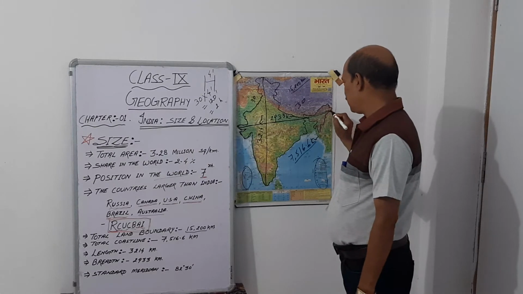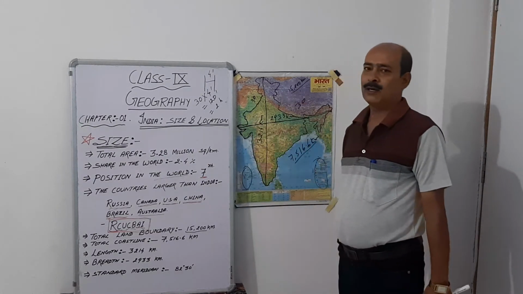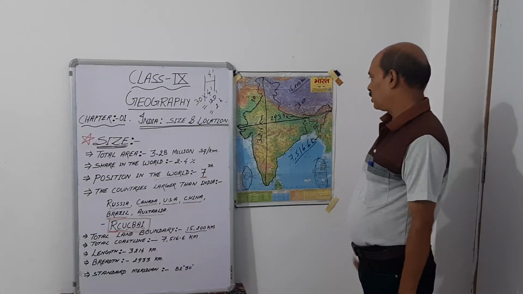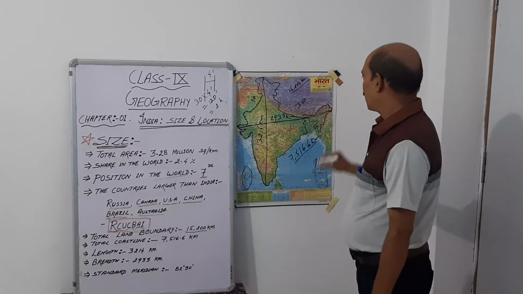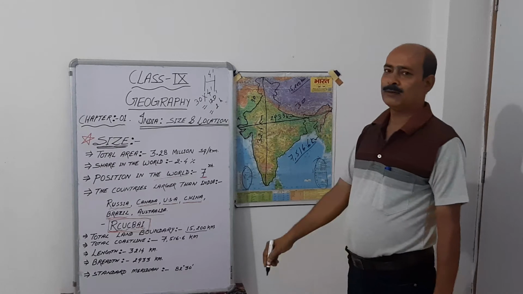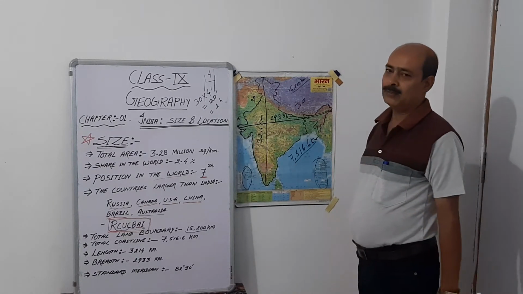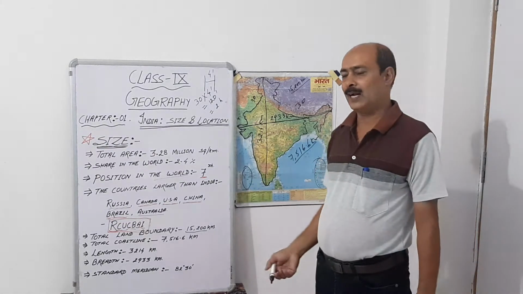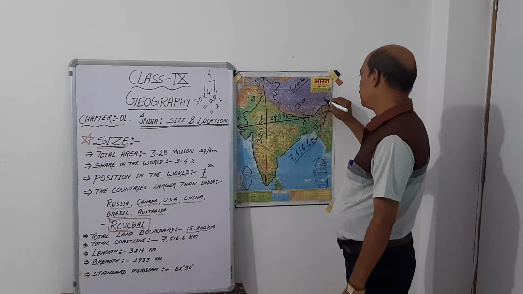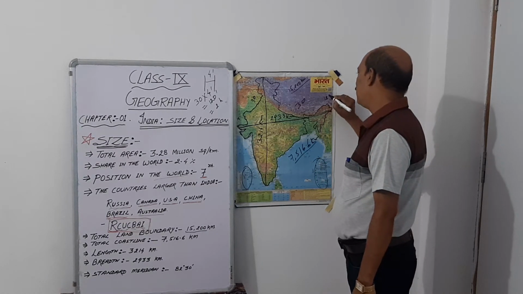So Arunachal Pradesh time is 2 hours ahead of Gujarat. Suppose in Gujarat the time is 10 a.m., then in Arunachal Pradesh, 2 hours ahead, the time is 12 noon.